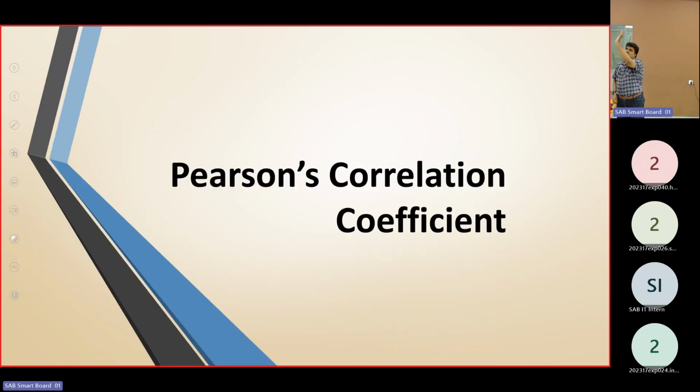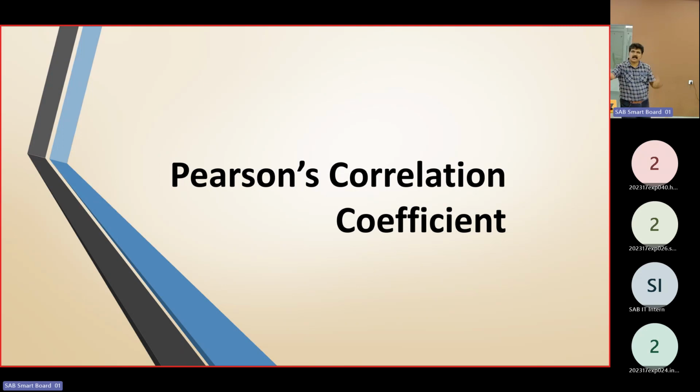The measure we use to get the relationship is correlation, but first we'll discuss Pearson's, because there are two correlations. Another one is Spearman correlation and Pearson's correlation. Spearman correlation we won't be talking about here because that is a non-parametric test. So here we will be discussing Pearson's correlation.